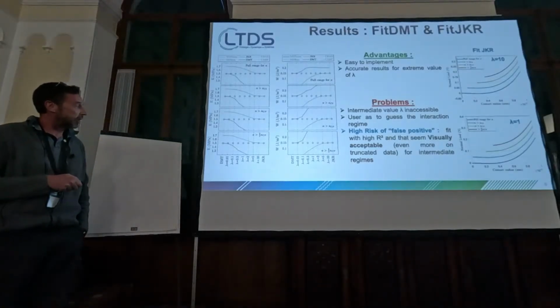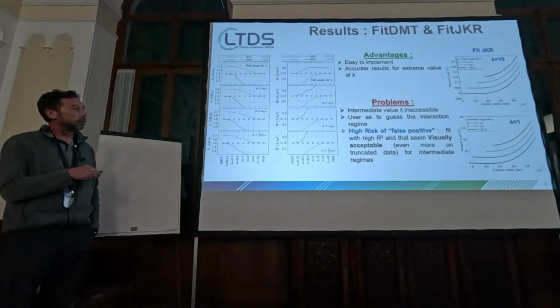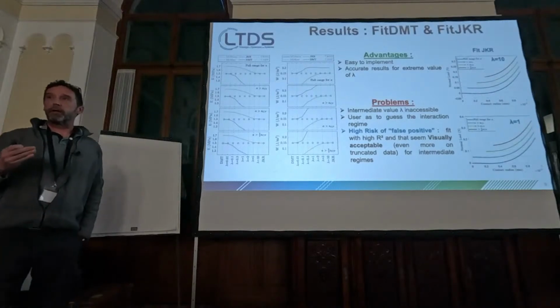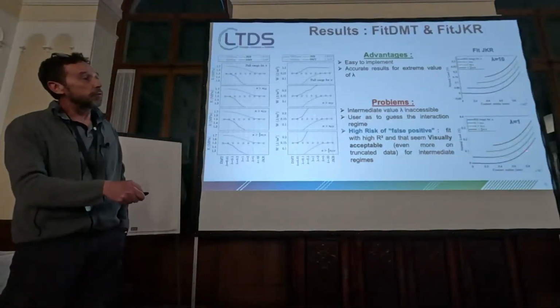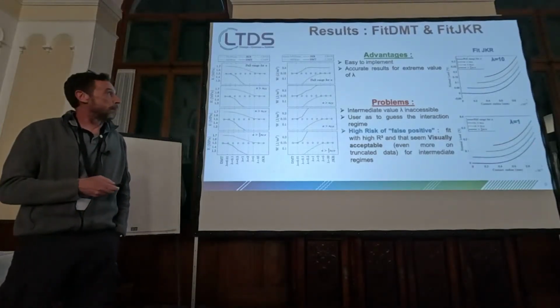But if you look at the data for lambda equal 1, you see that there is a huge error on the Young modulus. There is a large error on the adhesion energy, so your estimation of parameters is totally wrong, even if you seem to have performed a fit which is correct.